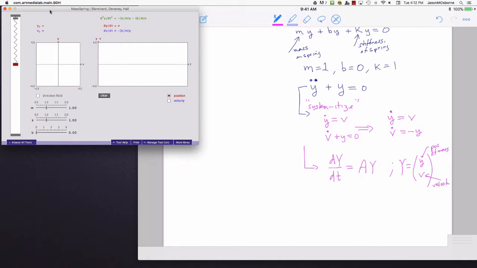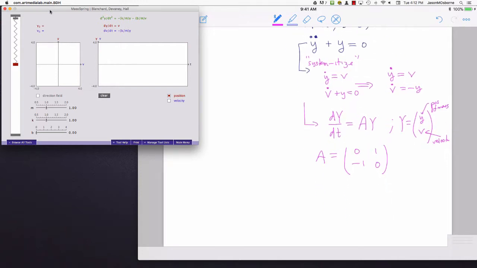And therefore the matrix A would be [0, 1; -1, 0]. Okay. So this matrix right here evidently will have complex eigenvalues, right? And it's the complex eigenvalues that occur when you're looking at a mass spring damper system, usually.